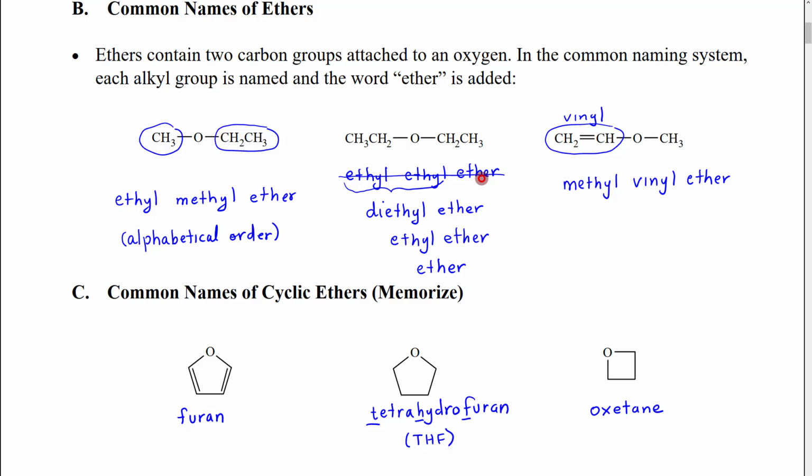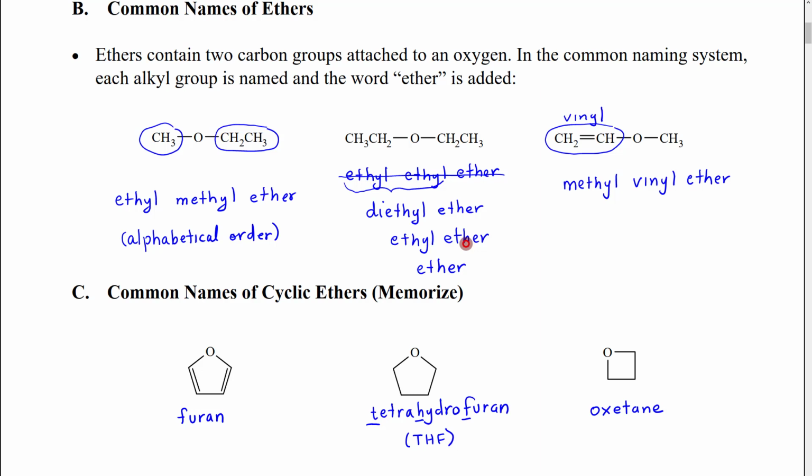However, in the original common nomenclature, it was very often the case that if the 2 groups had the same name, then the name would be written once, and since it was an ether, it was known that you had to have 2 carbon groups, so it was assumed that they were both the 1 carbon group written.